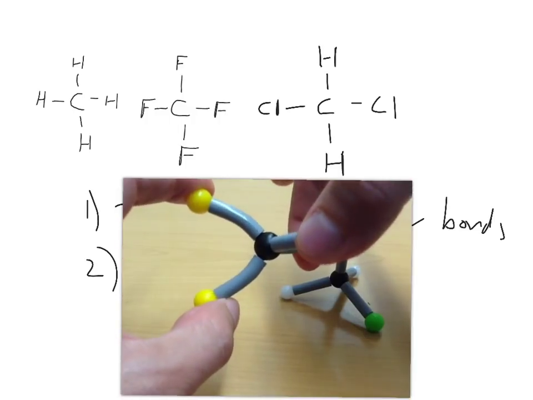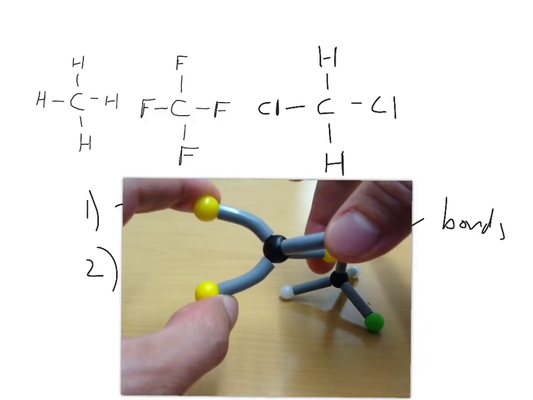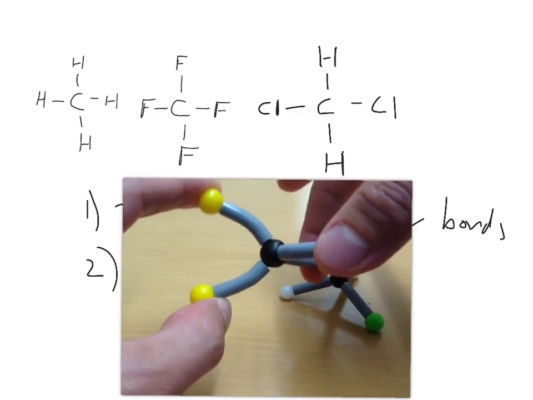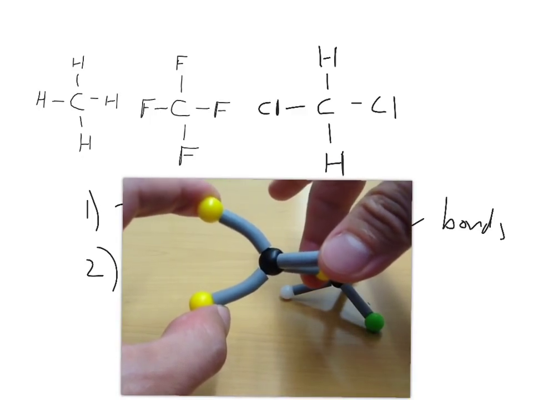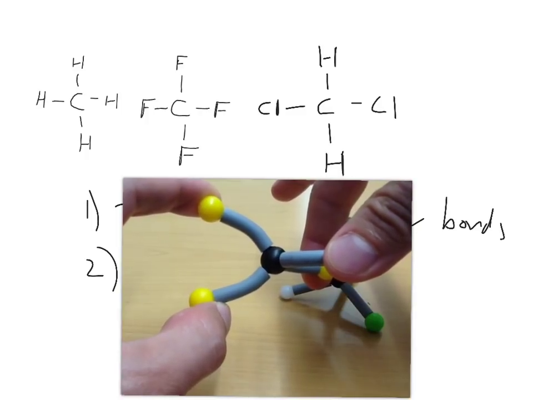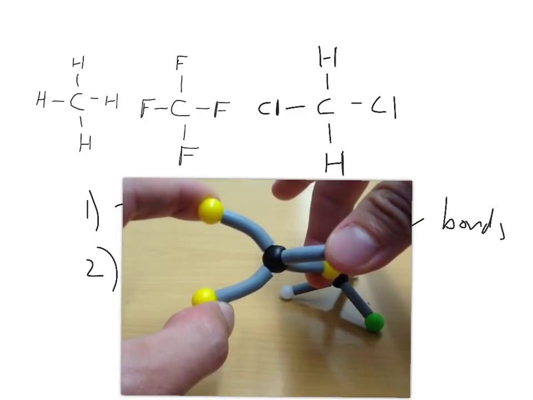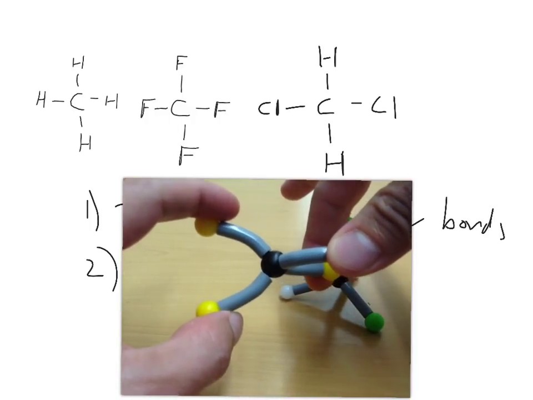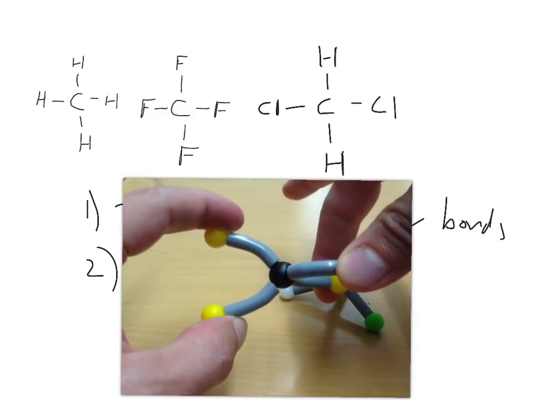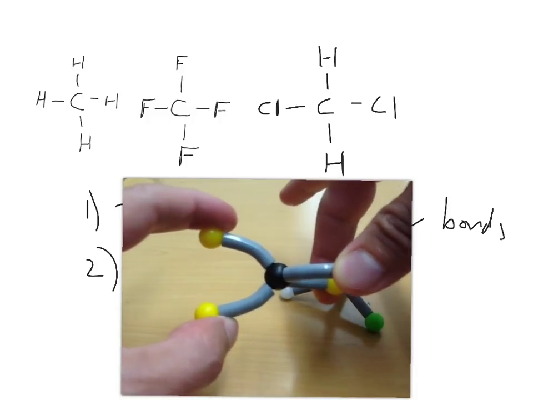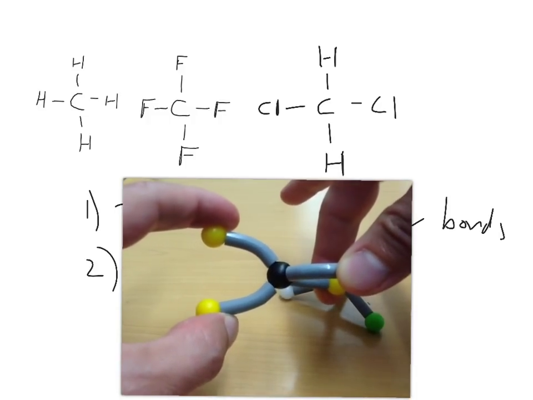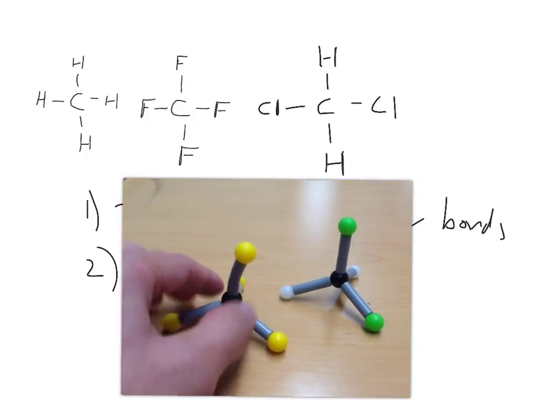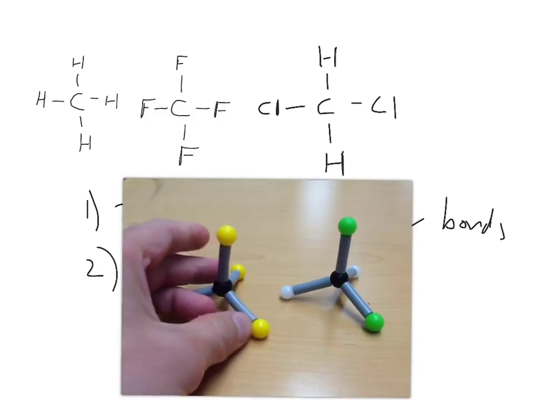The fluorine atoms are equal in strength, equal in electronegativity. So this side that I'm squeezing and this side I'm squeezing are equal in strength, and those polar bonds cancel each other out. There is no net dipole moment for this molecule because this side can't overcome this side. It's a stalemate. That molecule is nonpolar even though it has polar bonds in it.